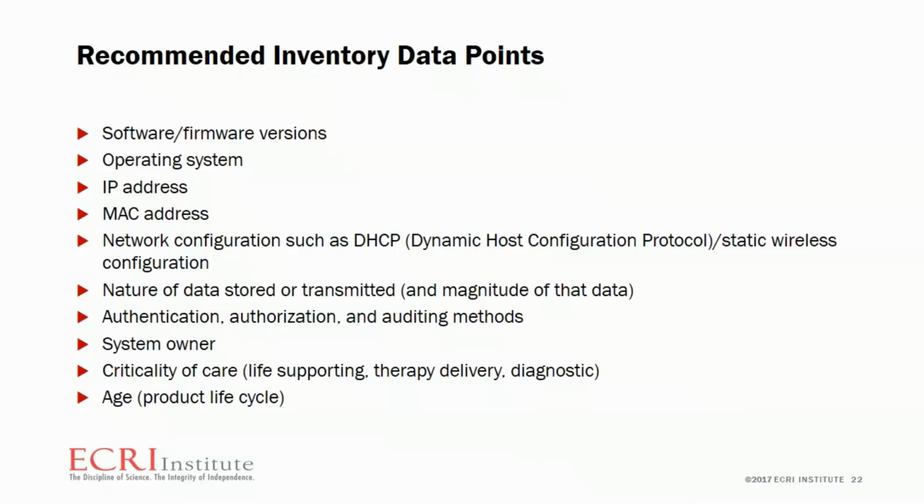Does it have PHI? Does it have passwords to some other sensitive system? You need to know who the system owner is. That's important for scheduling updates. And the product life cycle is important as well. If this device is unsupported, maybe I should consider finding a replacement.